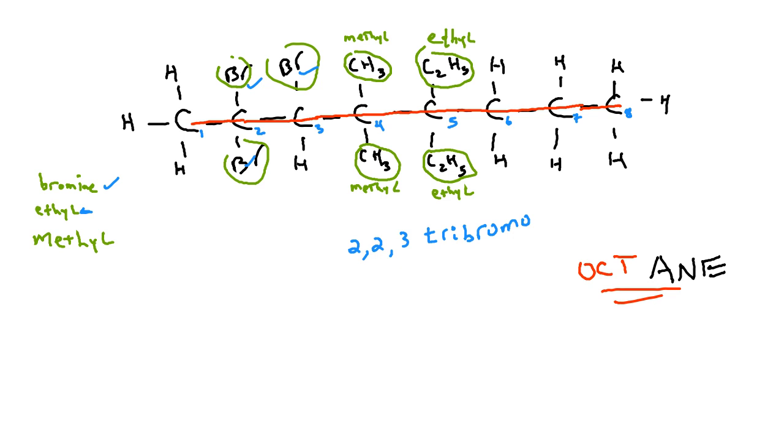Here's an ethyl, and there's an ethyl. So we would write 5, 5, diethyl. And then finally, we have the methyl. Where's the methyl? Methyl is on carbon 4, and the methyl is on carbon 4. So this would be a 4, 4 dimethyl.